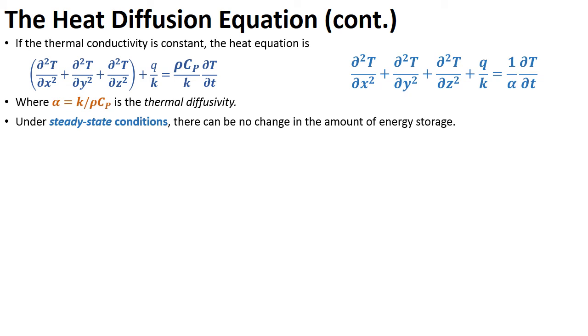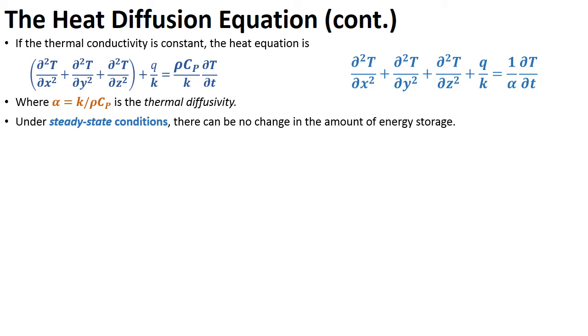If we are dealing with steady state condition, it means that there will be no change in the amount of energy storage, as all the properties are time independent, with no change with respect to time.